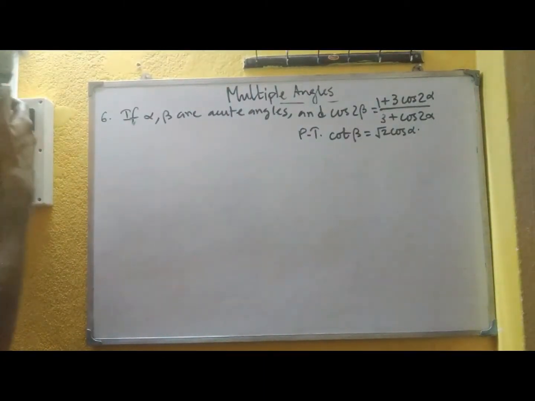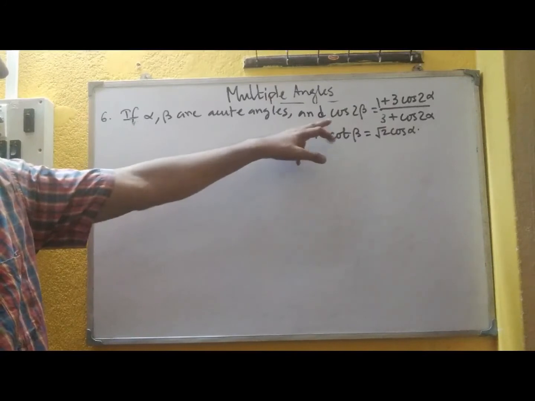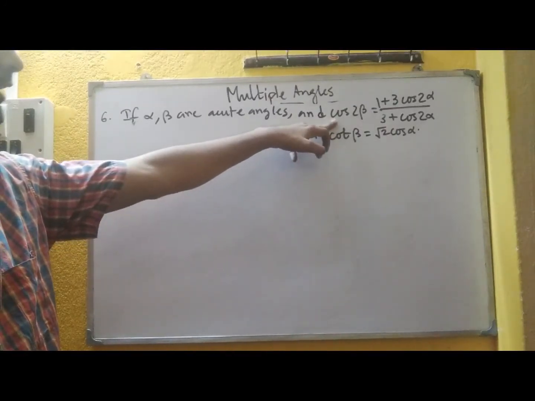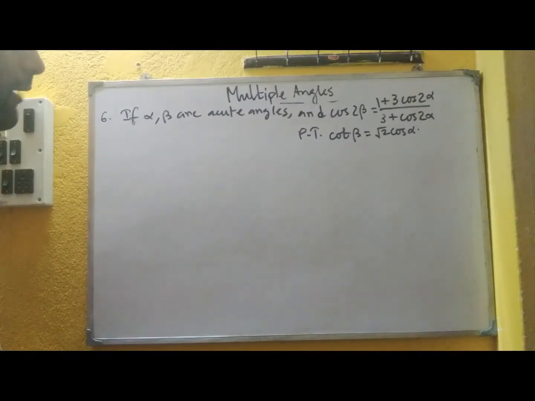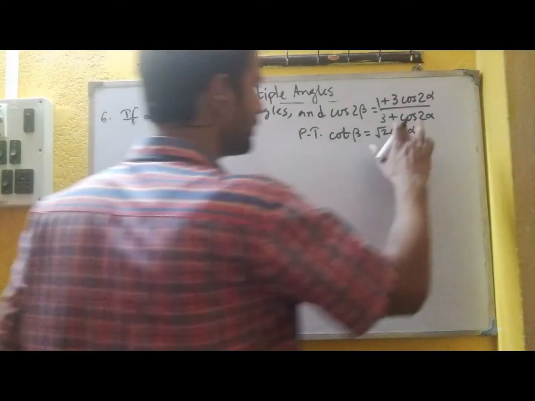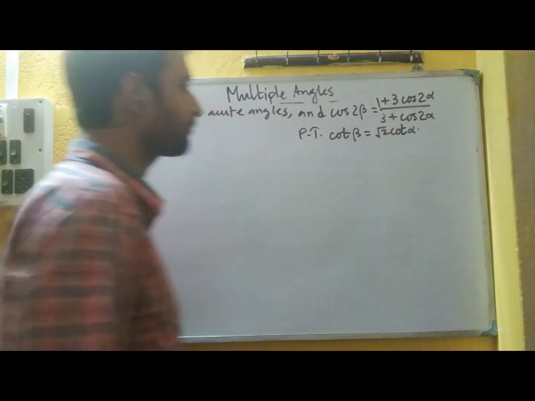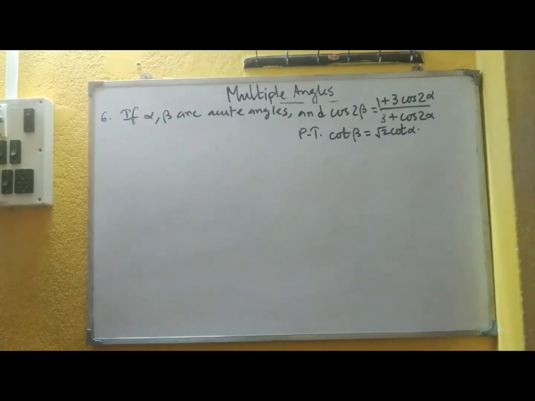Okay, so easily you can see that we are given with cos 2 beta and cos 2 alpha, and we have to prove with the functions cot beta and cot alpha. So that's why we are applying the formula of 1 minus tan square by 1 plus tan square.